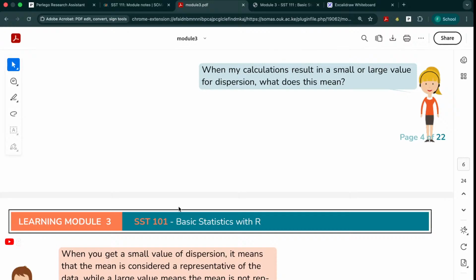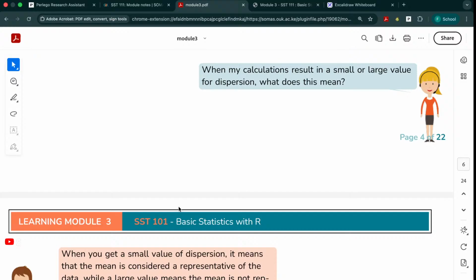Also we will look at skewness, but skewness is under measures of position. So we'll just do the four on absolute dispersion: range, mean deviation, variance, and standard deviation.